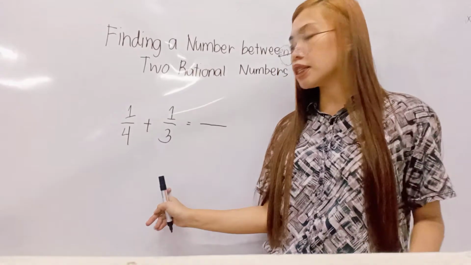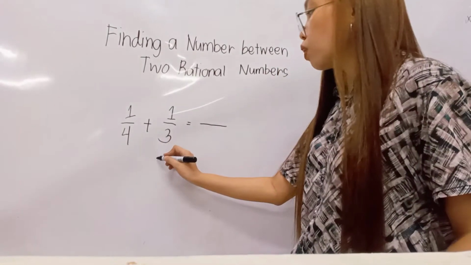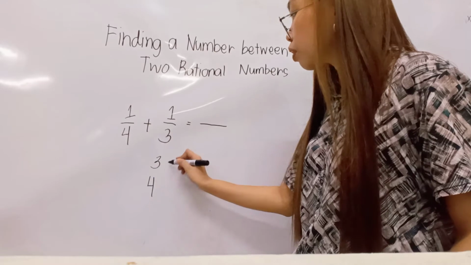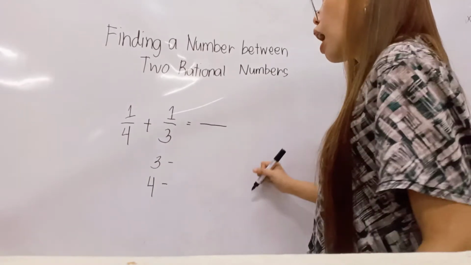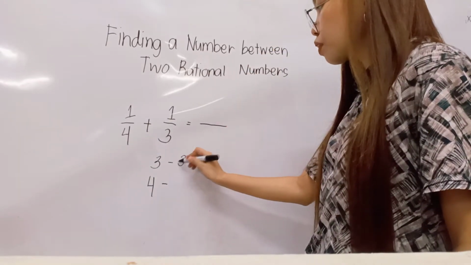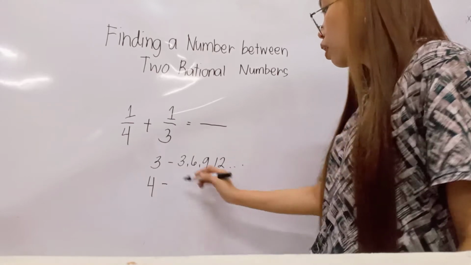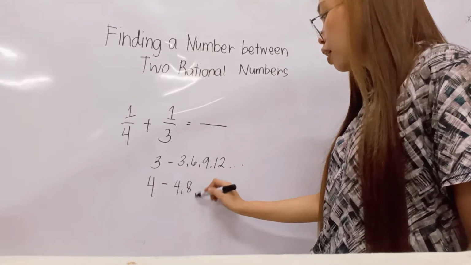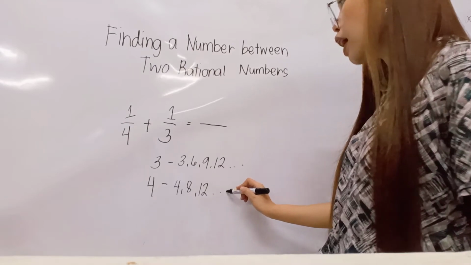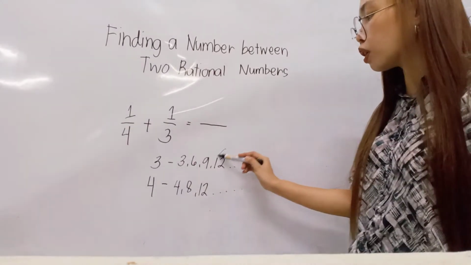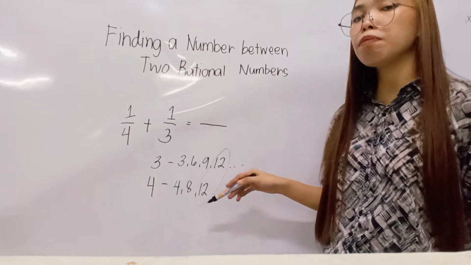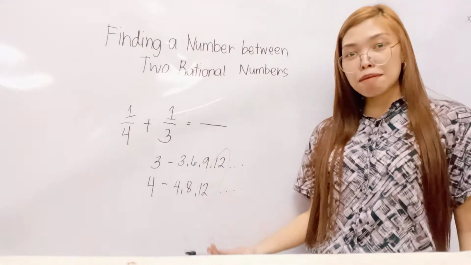So, what is the LCD of 3 and 4? So, 3 and 4, let's list down their multiples. 3, 6, 9, 12, so on. We have 4, 8, and 12. So, the least common denominator is 12. So, that will be our new denominator.